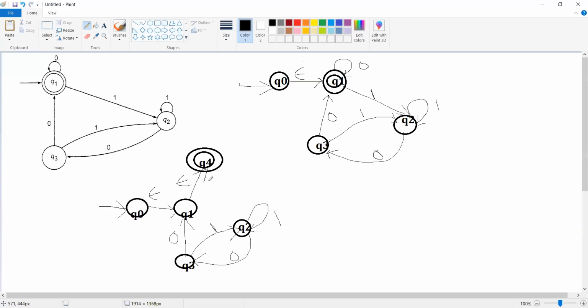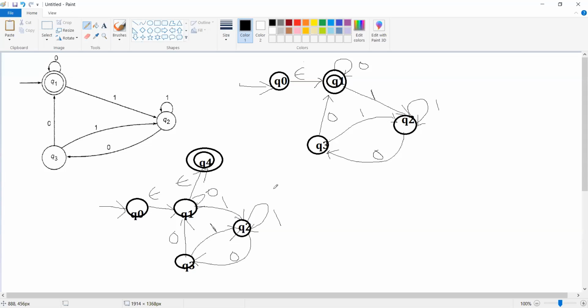Next, Q1 to Q2 we have a transition on 1, and Q1 to Q1 we have a self loop, which is 0.